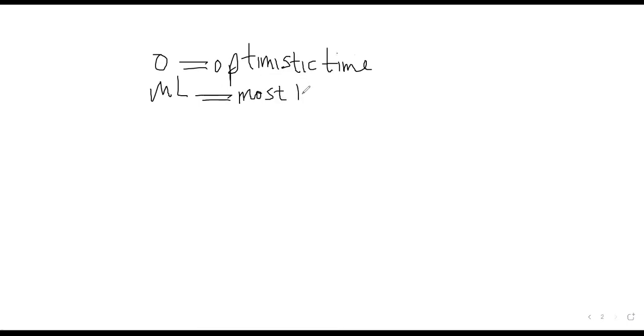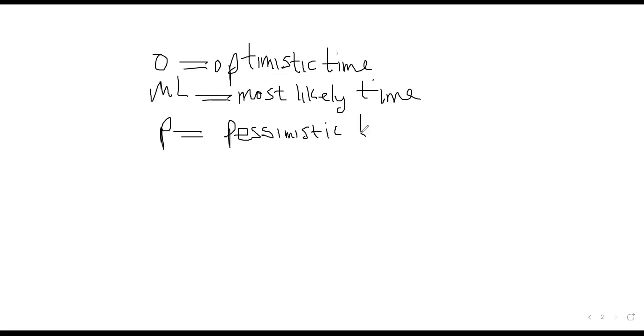So O is equal to optimistic time, then ML is equal to most likely time, when P is pessimistic time.